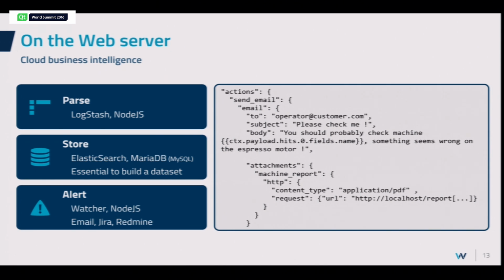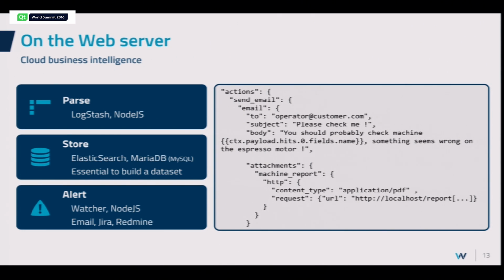And finally, you have the alert. In our case, that was Watcher, which is also part of Elasticsearch, not to make any advertisement. This is the way it is written. It's not QML, actually, but a JSON-like format.